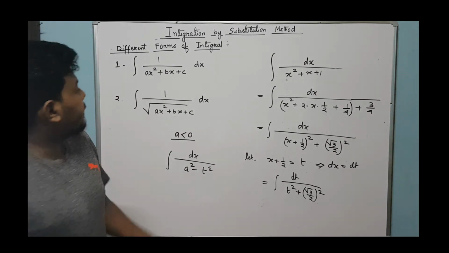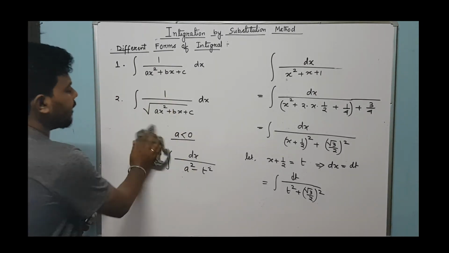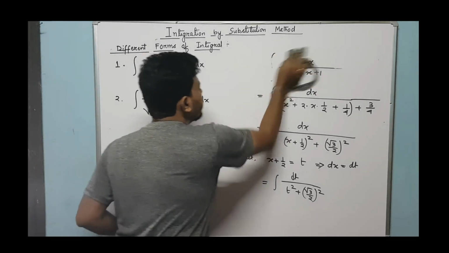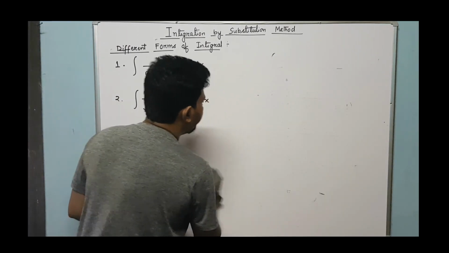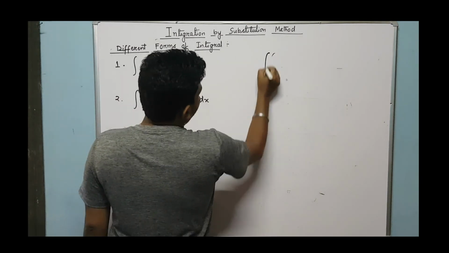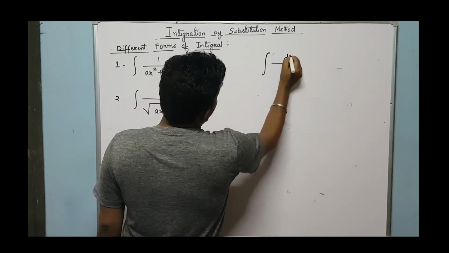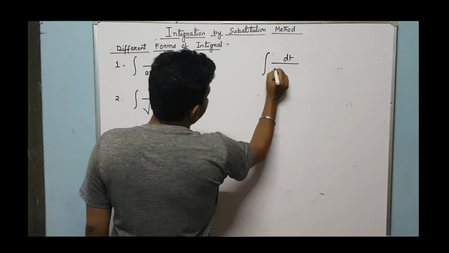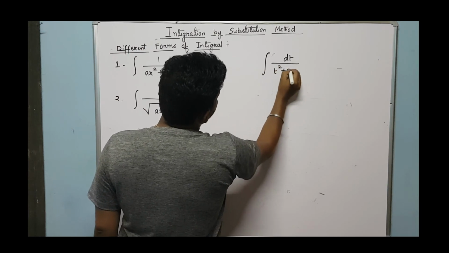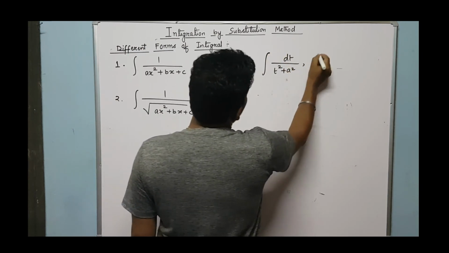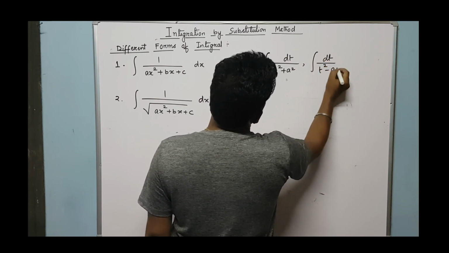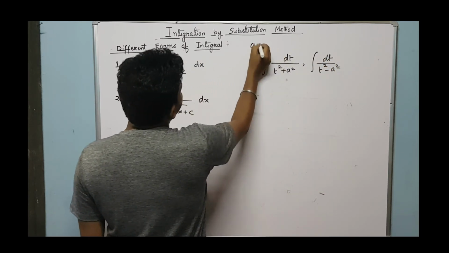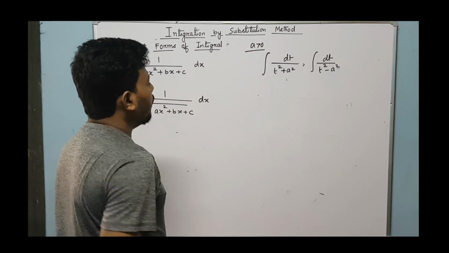So in this case, the results can be either in these few forms: dt by t square plus a square, or dt by t square minus a square, when the value of a is positive.